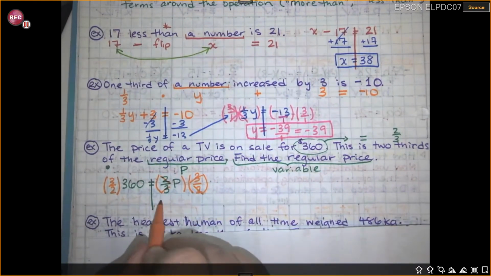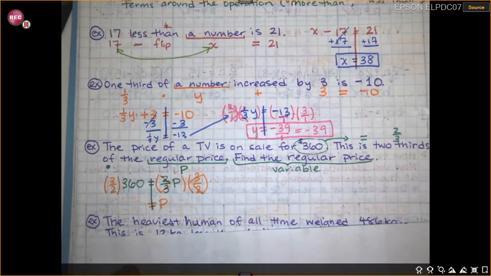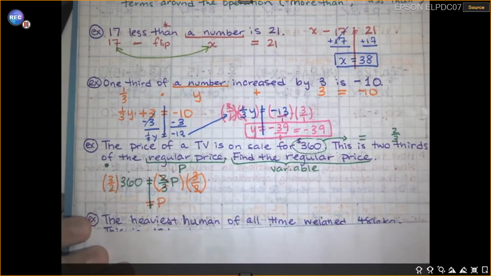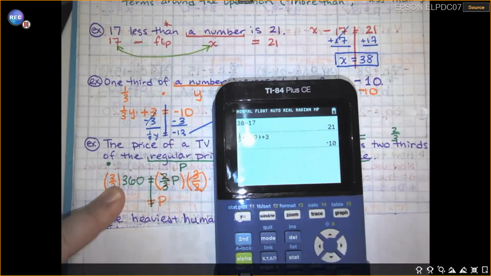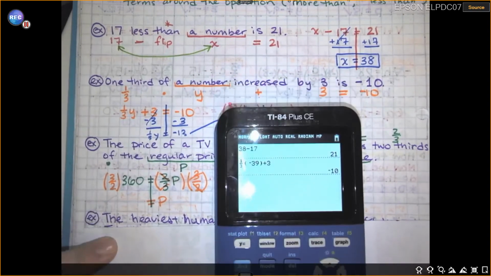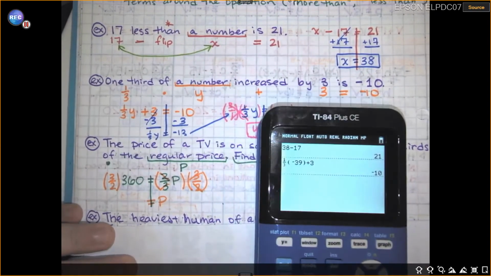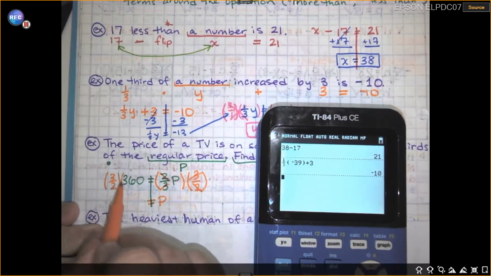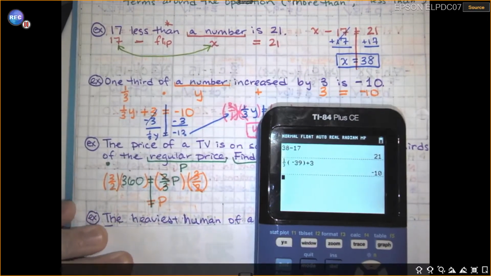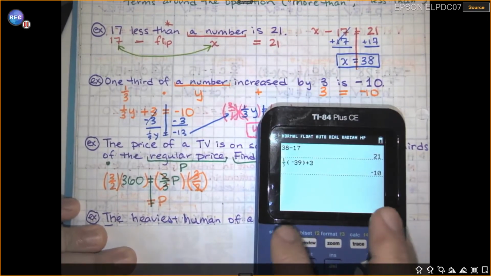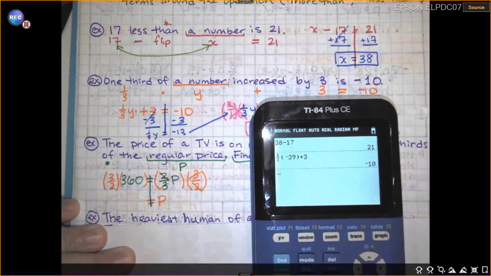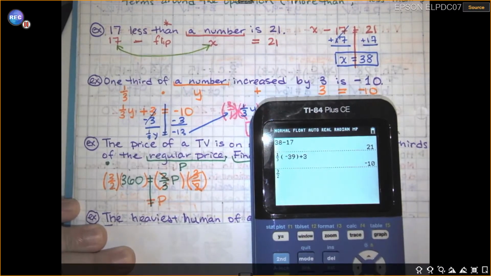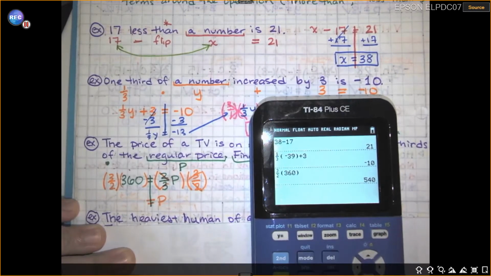So I'm just left with P equals, and then I know I can turn this into a fraction, but I might as well just use my calculator. So I'm going to do 3/2 times 360. So alpha y equals enter. So there's my fraction. I'll do 3/2 parentheses 360. And I got 540.